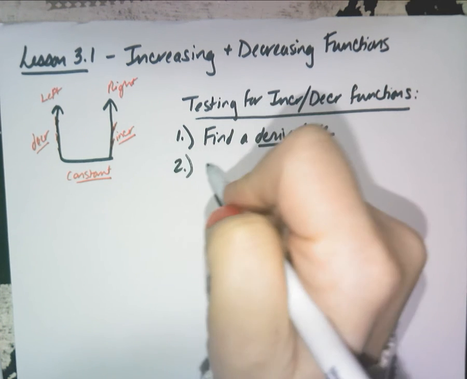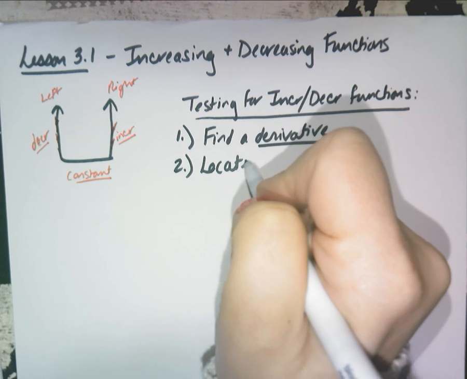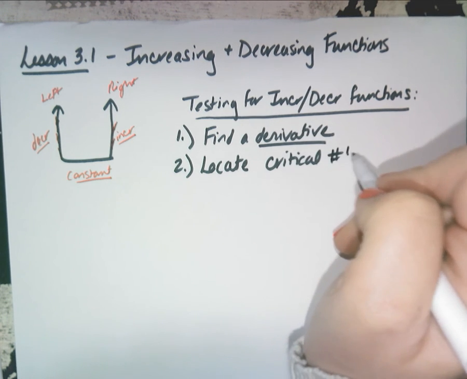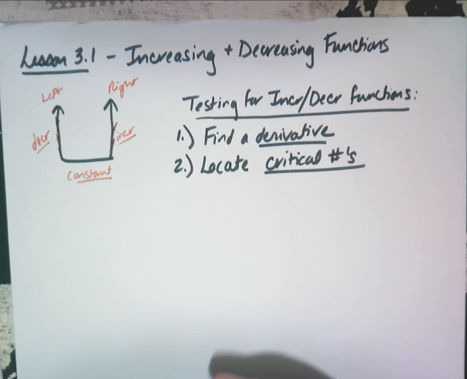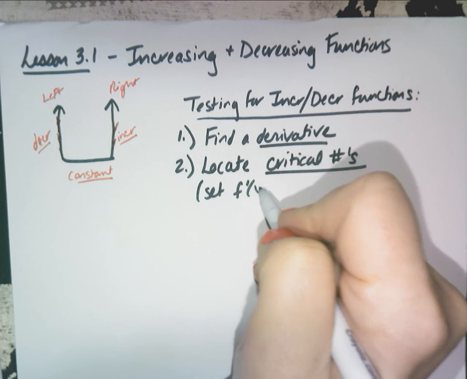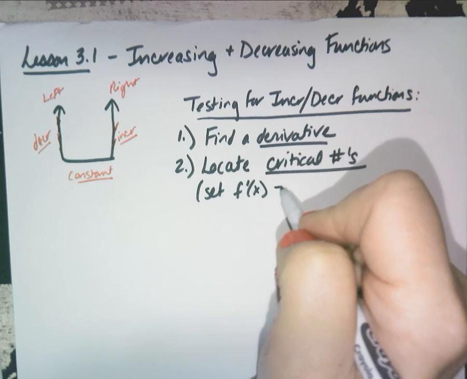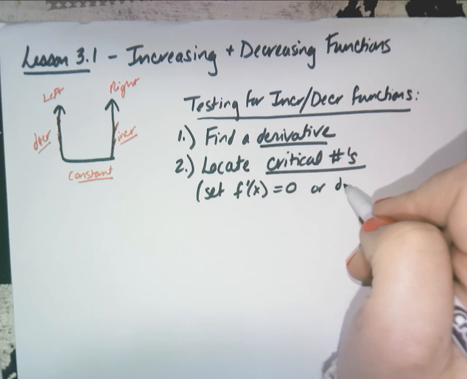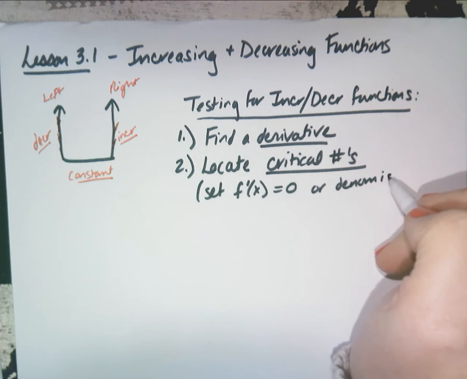Step number 2, locate what are called critical numbers. And you've done this part before when we were determining where the graph is horizontal, where there would be a horizontal tangent line. But what you actually do is you set your derivative, your f prime of x, equal to 0. Or if it's a fraction, wherever the denominator is undefined also.